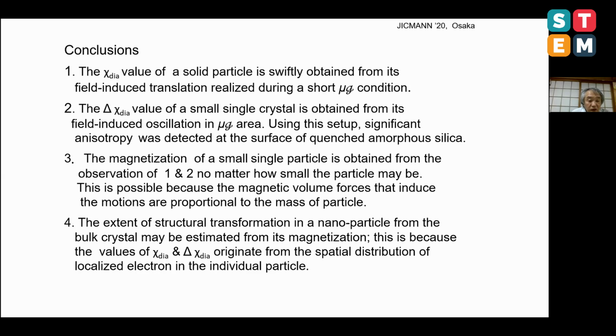And fourth, finally, this is my personal expectation, but the extent of structural transformation in a nano-sized particle from the bulk crystal may be estimated from its magnetization. This is because the values of chi and delta chi originate from the spatial distribution of localized electrons in the individual particle. Okay, that is all.